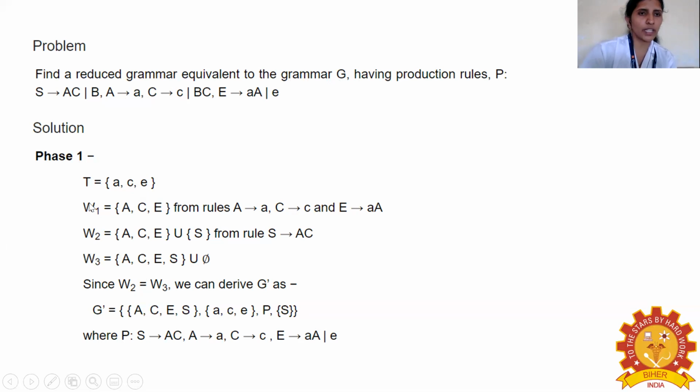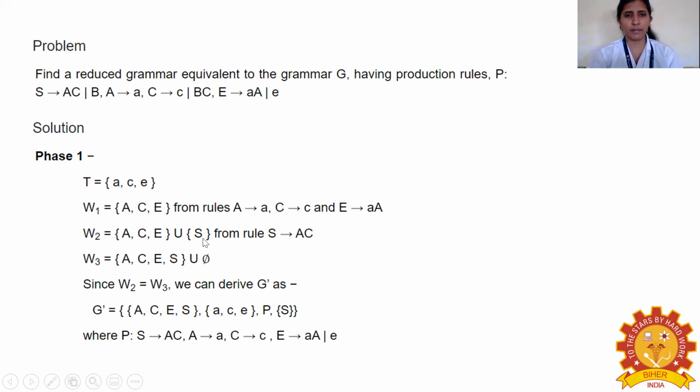So phase 1: the terminals are T = {a, c, e}. And the non-terminals are W1 = {A, C, E} from the rules A → a, C → c and E → e.